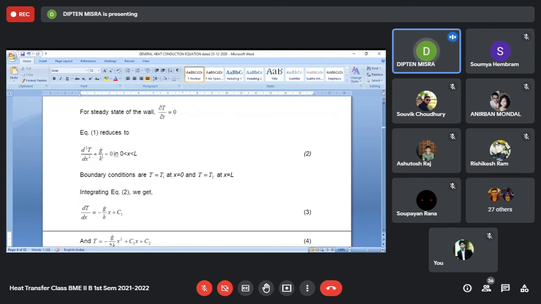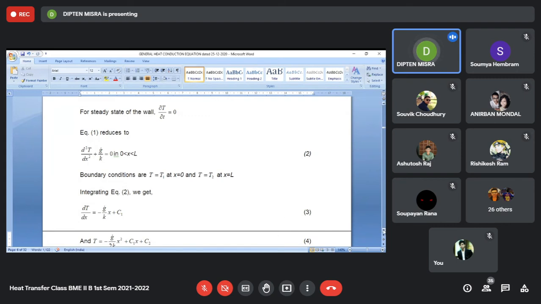But if the conductivity itself is a function of temperature, then the term becomes k d2t/dx² plus dk/dx into dt/dx, something like that. In that case, each of the terms will have t into some derivative of t, t into a double derivative of t. The problem becomes t into t type of thing, so it becomes a nonlinear problem, and there we cannot apply the method of superposition.